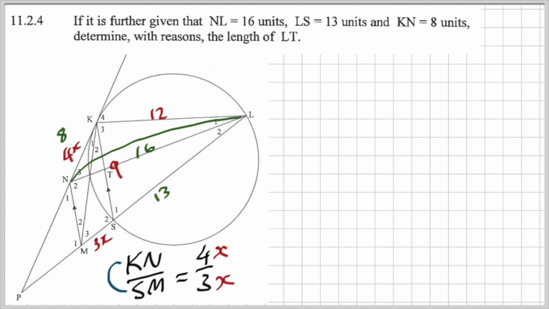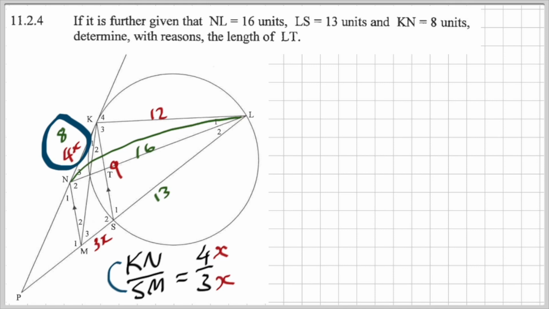I love to do that because then I can go to my sketch and write that 4x in there. And the beautiful thing is, by mixing 11.2.3 with this 11.2.4, I actually see there's a correlation.